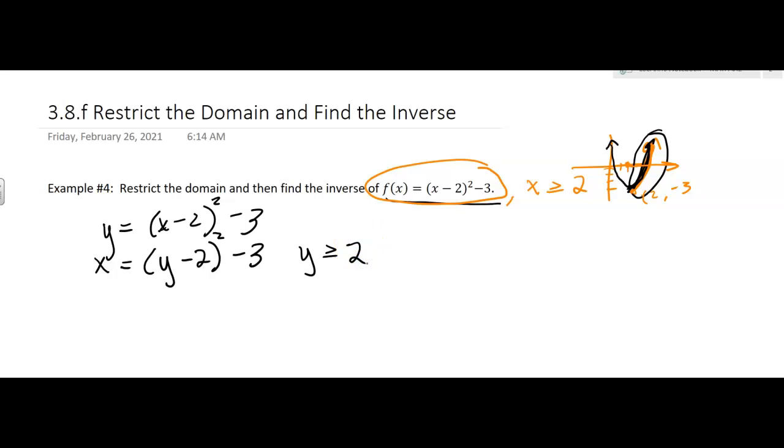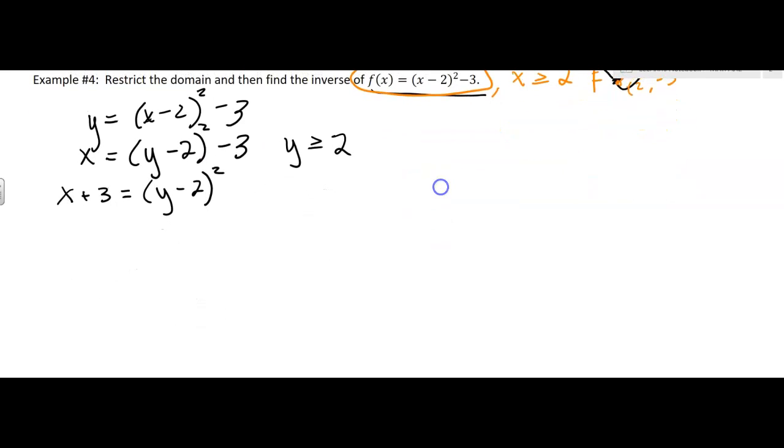Okay. So I'm going to solve this for y. I'm going to add the 3. I'm going to scroll up. Take the square root of both sides. So I have plus or minus the square root of x plus 3 equals y minus 2. And then I'm going to add the 2 over.